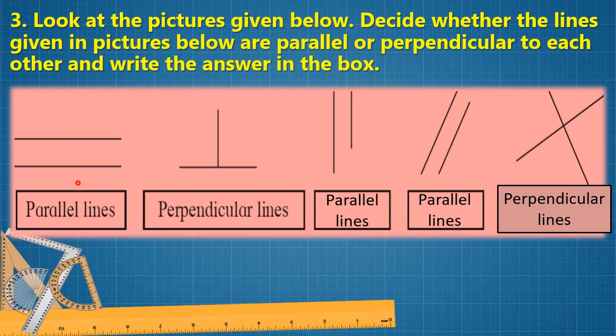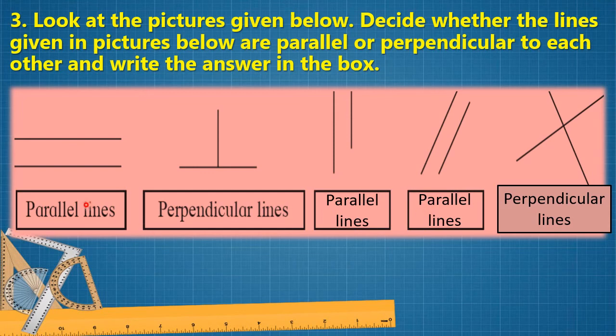So as you can see in the first, third and the fourth picture, you can see these two lines. If you extend further, they will never meet, they will never intersect each other. Therefore, in the first, third and the fourth picture, the lines are parallel to each other.